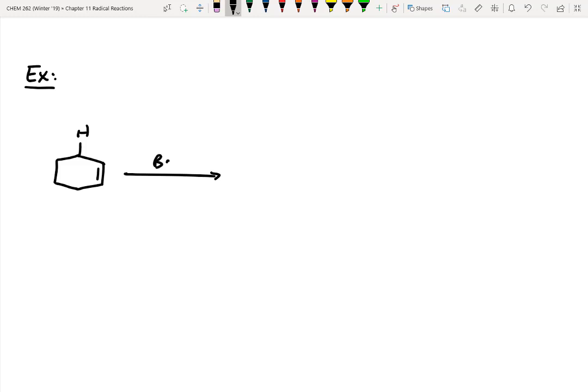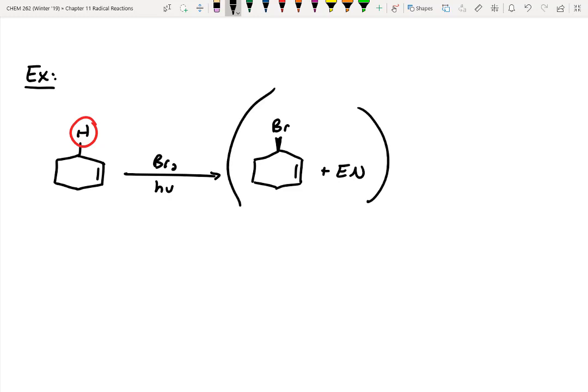And so we could say, well, if we react this with elemental bromine and UV light, one would predict that this hydrogen on the top would be abstracted and do the same sort of chemistry that we saw yesterday, right? So we'll draw this in here, and we could say, well, it's likely to go either from the top face or the bottom face. So a lot of times students will look at this and say, this is what I predict that we will get. The problem is this is not observed.